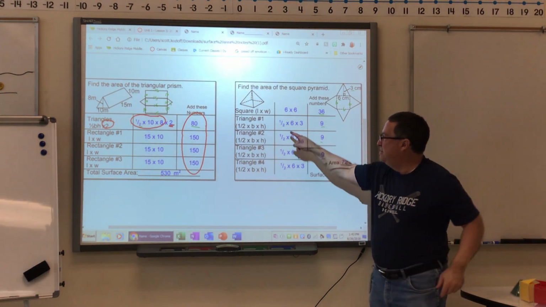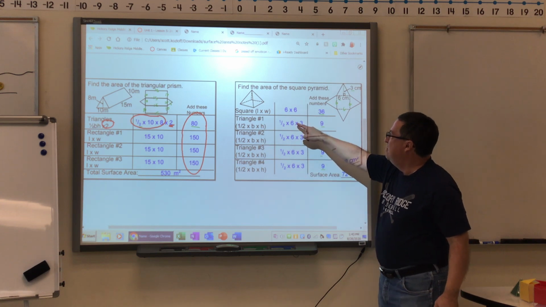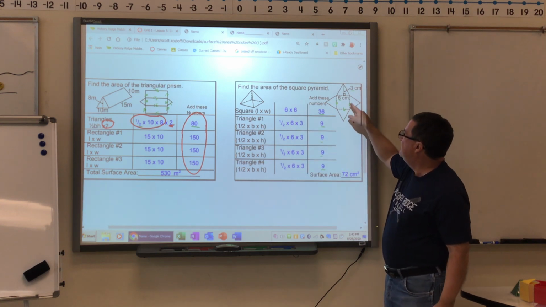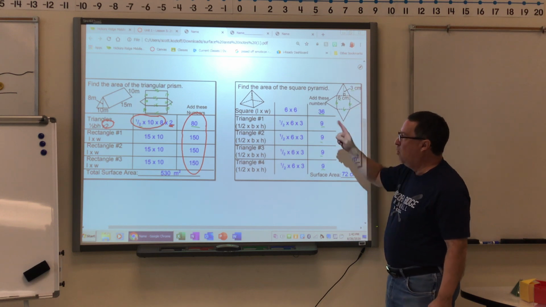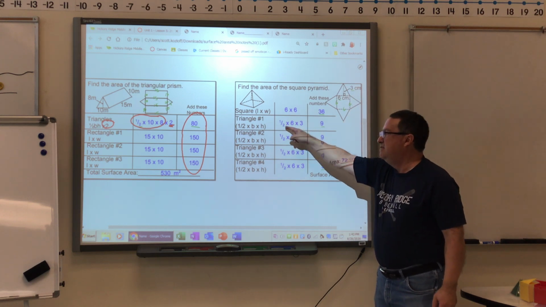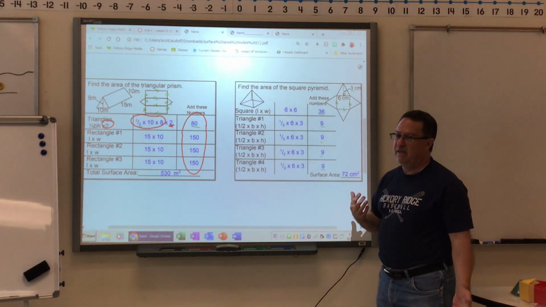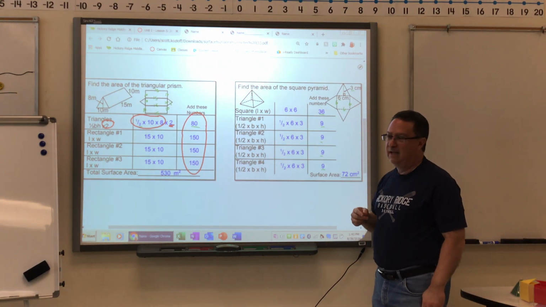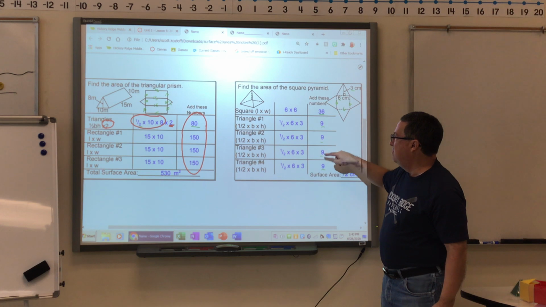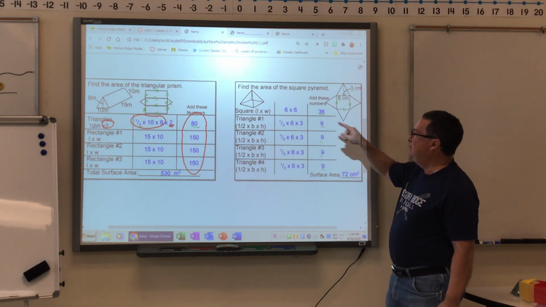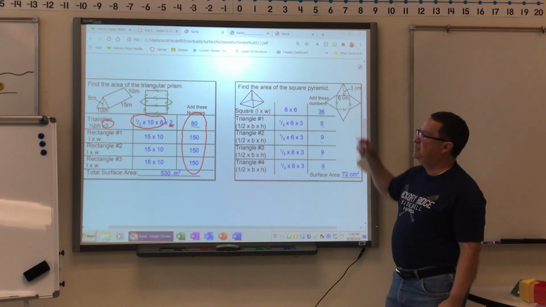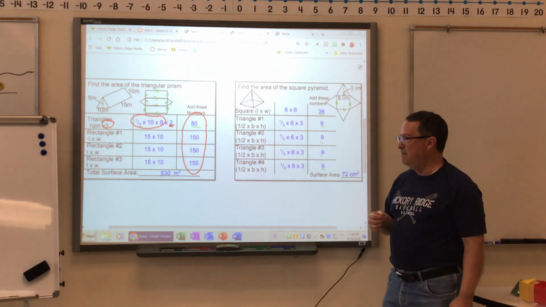So you'll notice all 4 of these are 1/2 times 6 times 3. There's the base, there's the height. Or 6 times 3 divided by 2. Very same thing, just like we learned in a formula last week. Here are all 4 of the triangles, and then you just have to remember the base. The base is 6 times 6 because every side of that square is the same.